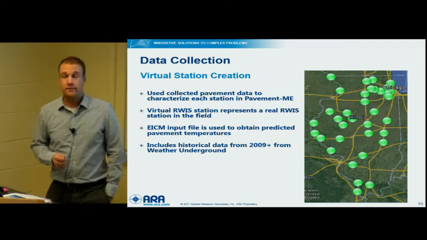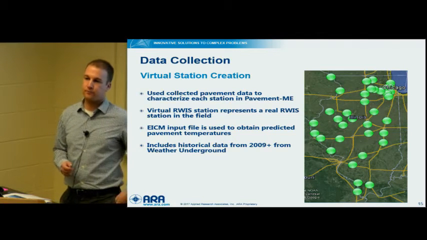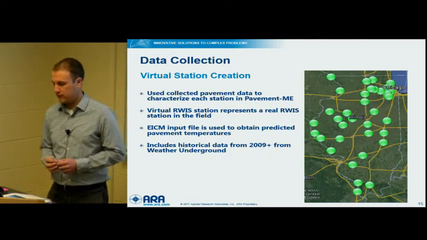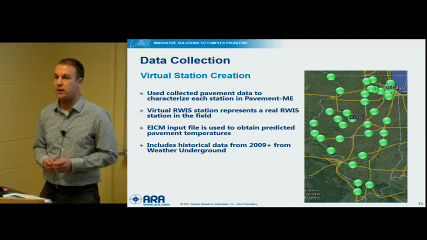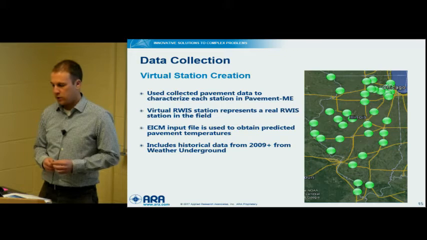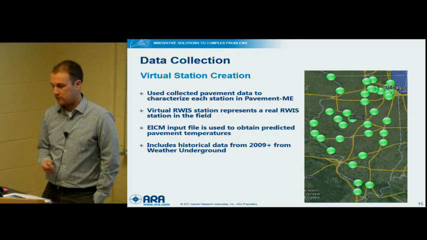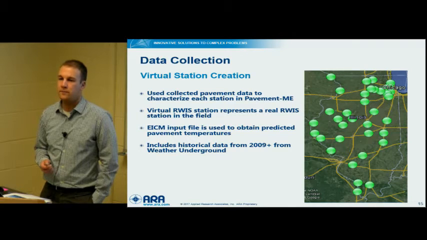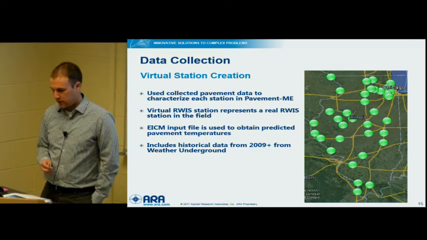So the next thing we needed to do, once we have all that information, for each of the actual road weather information systems, we had to characterize a virtual station. So we wanted to be as accurate as possible, and we used all of that collected data to create an input file to an EICM to be able to represent that particular road weather information station.